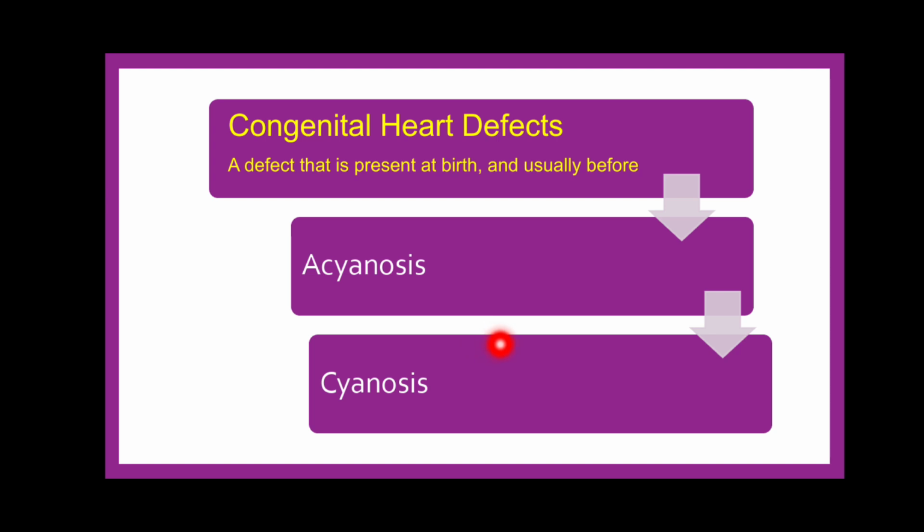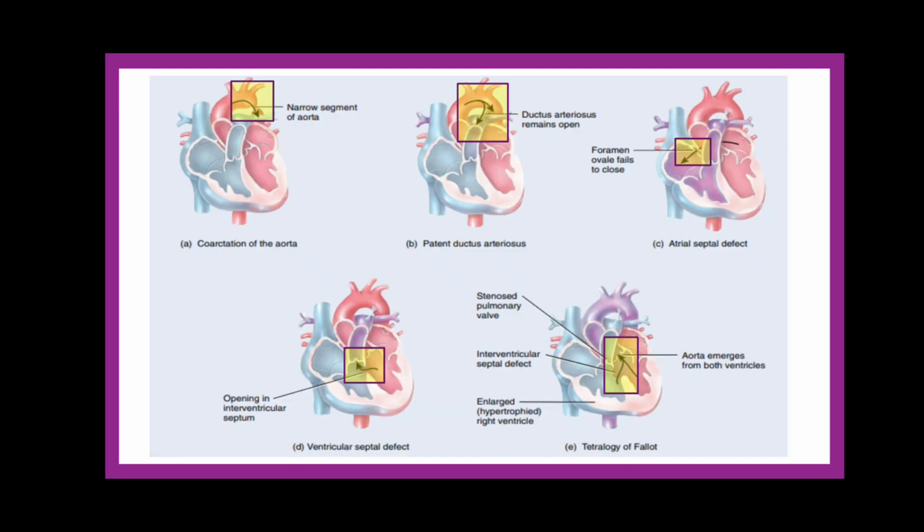So what are acyanotic congenital heart defects? These are the four acyanotic congenital heart defects, wherein first you can see coarctation of aorta. Since it is the aorta, it deals with the aorta.